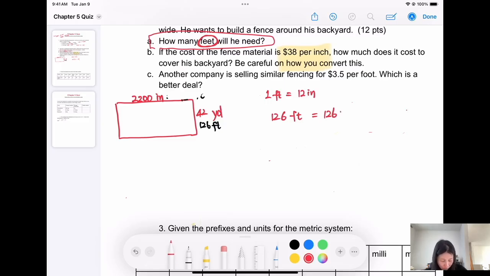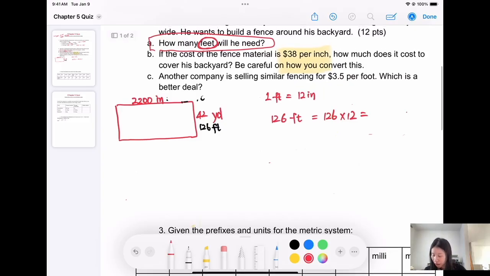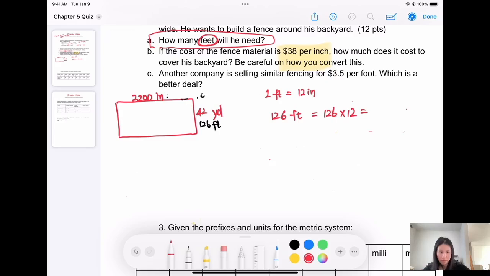So we have 126 times 12 equals 1,512 inches, not feet, inches. Now we know all the measurements in inches.